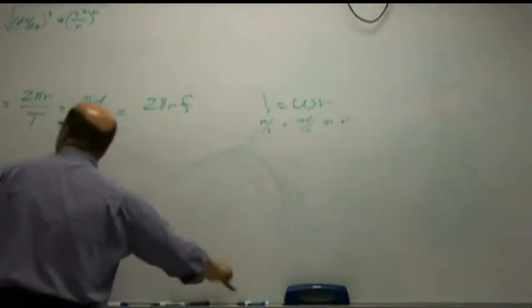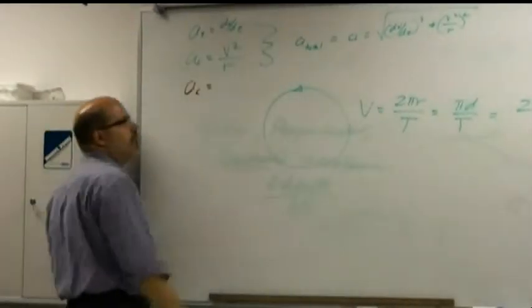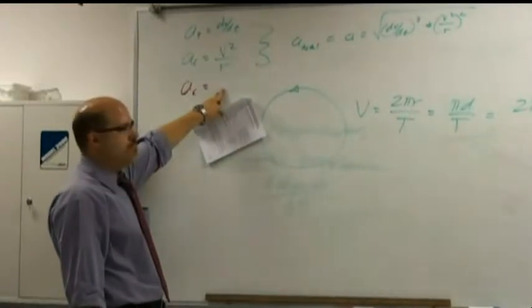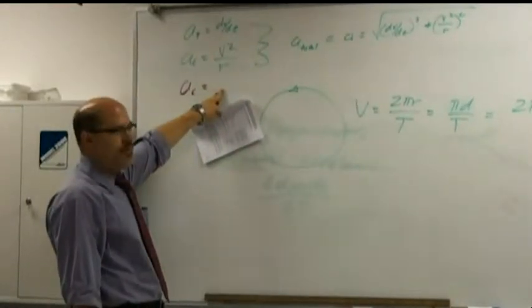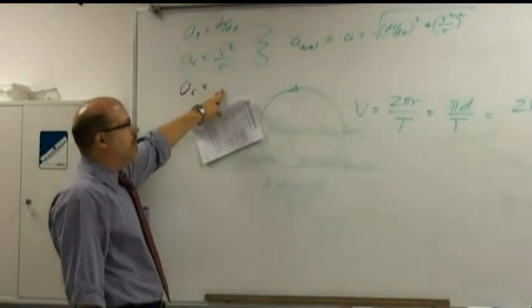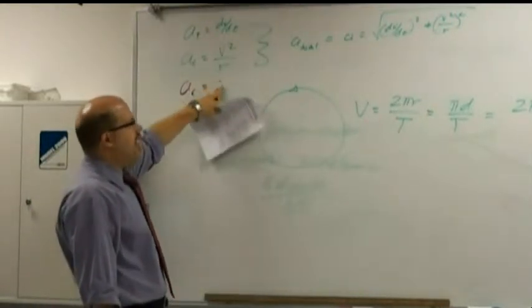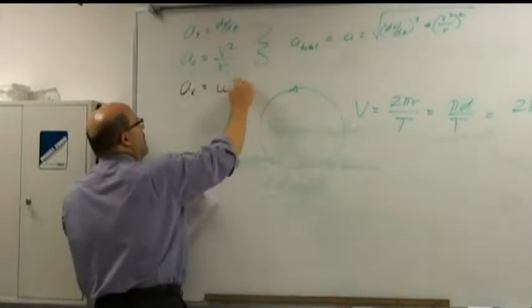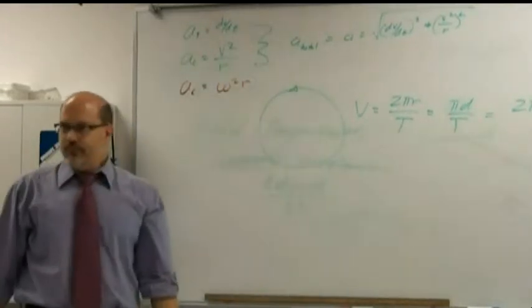So let's convert these things, what if we have an omega? First off, centripetal acceleration in terms of omega will be what? Omega r squared over r. So it'll be omega squared r squared over r, which is omega squared r. So you need to add that to our little packet.